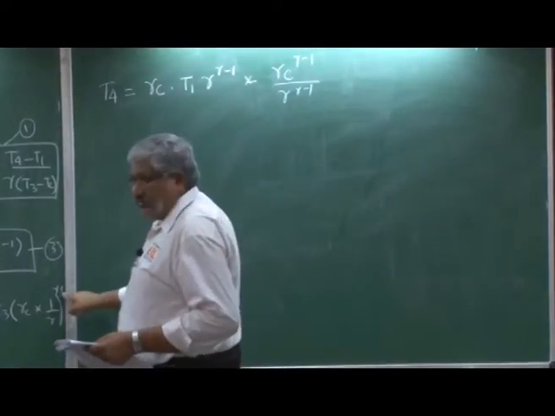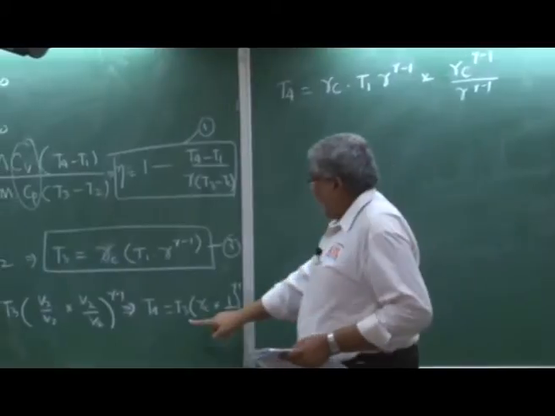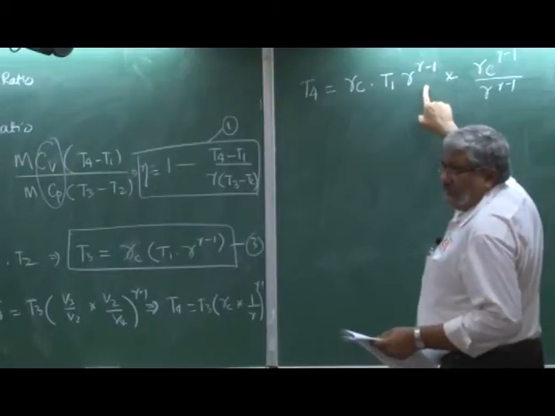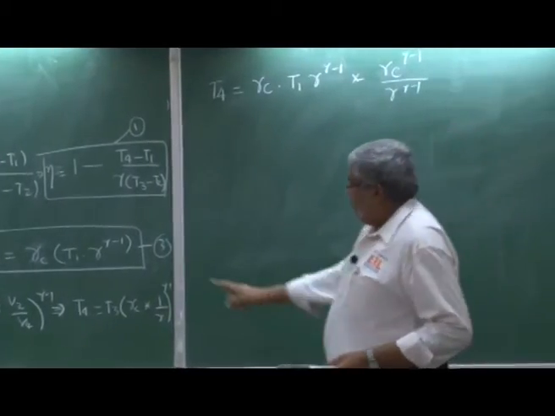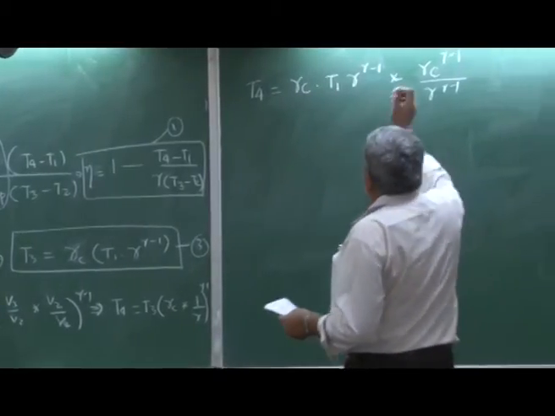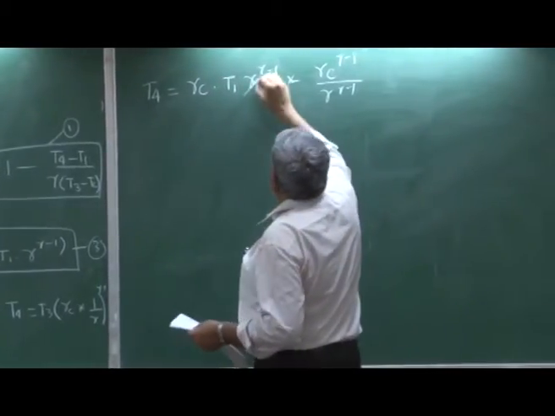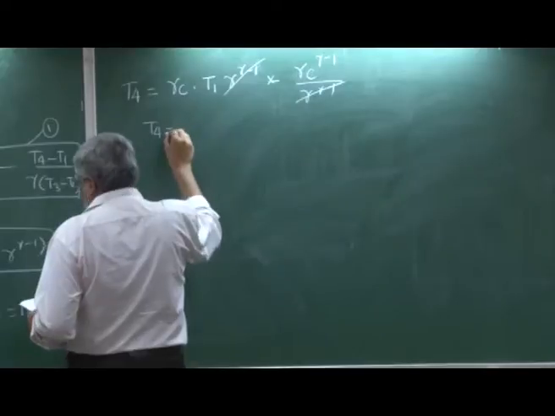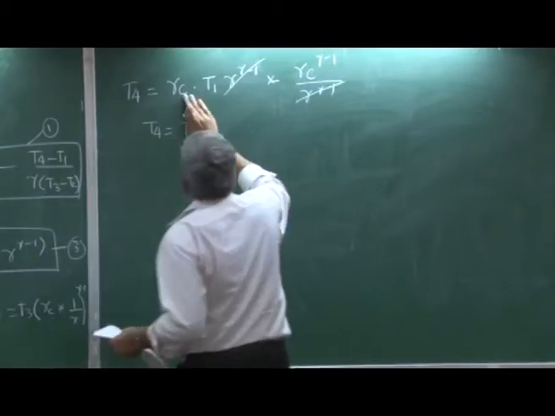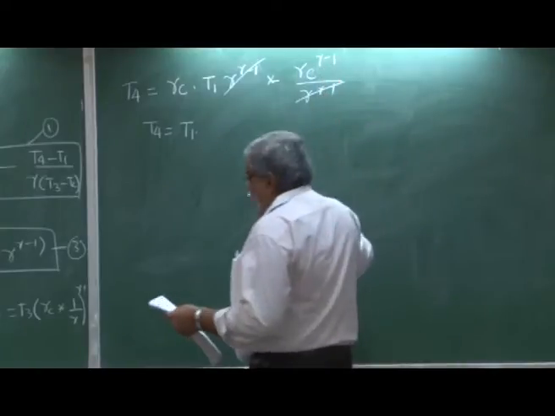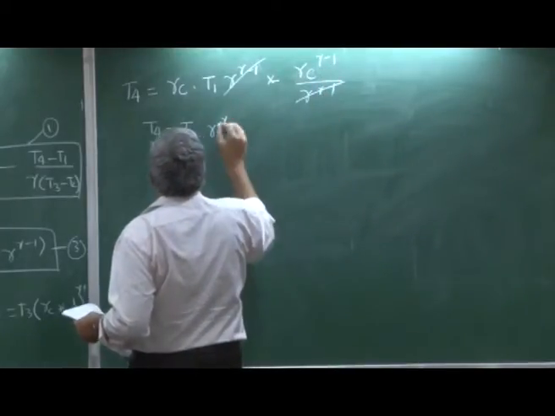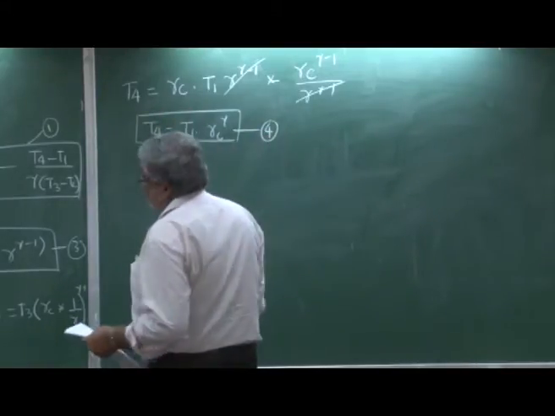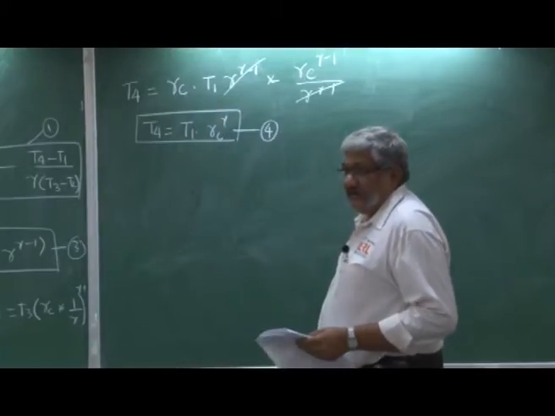I have just put T3 in this equation and done some cancellations. The r to the power gamma minus 1 cancels out. Finally T4 is equal to T1 into rc to the power gamma. So this is my expression of T4 in terms of rc, r and gamma.